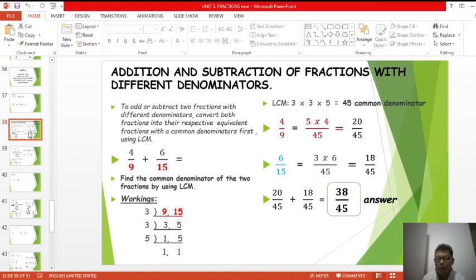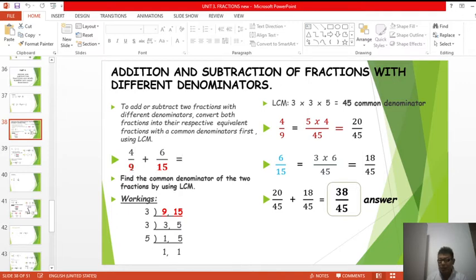Our lesson is all about adding and subtracting fractions with different denominators, meaning they're not the same. I have here a simple set of steps for what to do when you have this kind of problem. Our problem here is 4 over 9 plus 6 over 15.